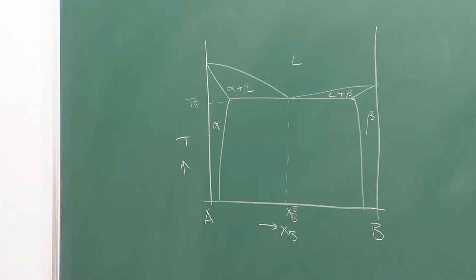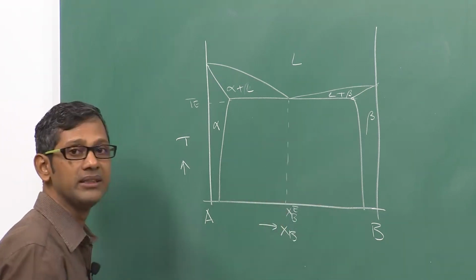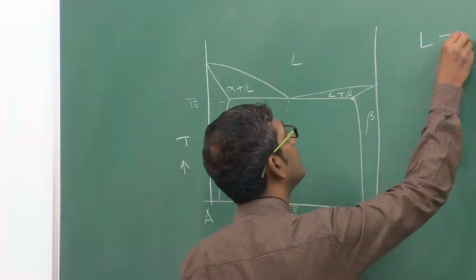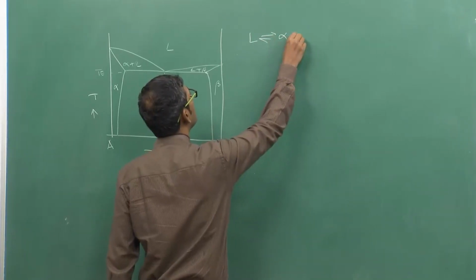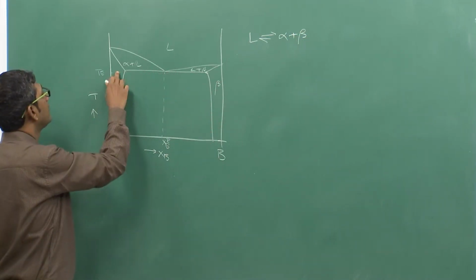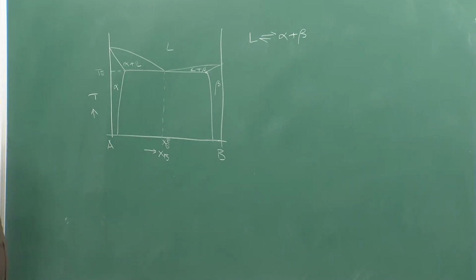Now, we are going to discuss solidification of the alloy whose composition is exactly XBE. So, as you know, the liquid transforms to two phases alpha and beta simultaneously once it is cooled down to a temperature below TE. So, what actually happens?